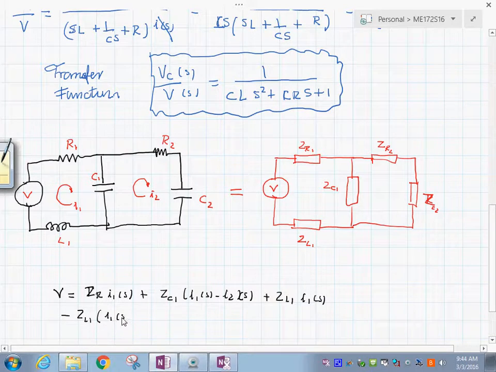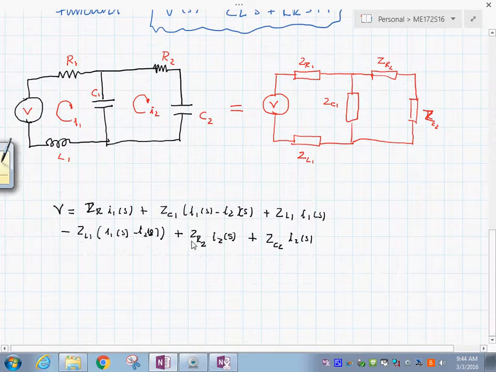You put R times I1 of S, plus 1 over C times S times I1 minus I sub 2, plus S times L times I of S, and then minus 1 over CS times I1 of S minus I2 of S.